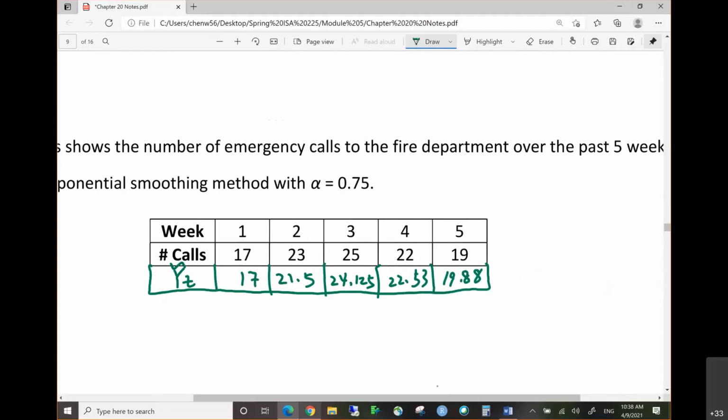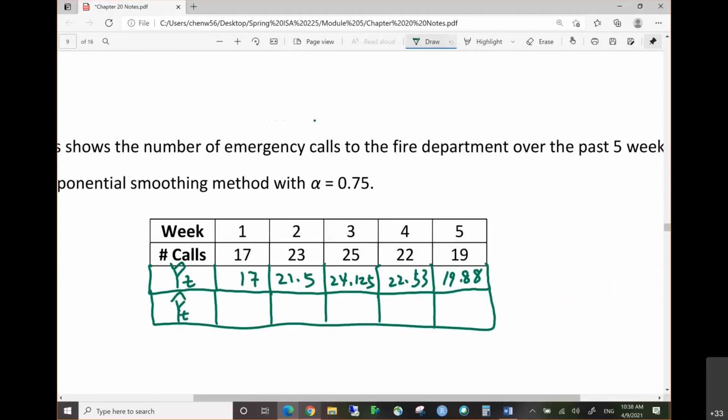So actually we can have one more row for their predicted value, y hat.